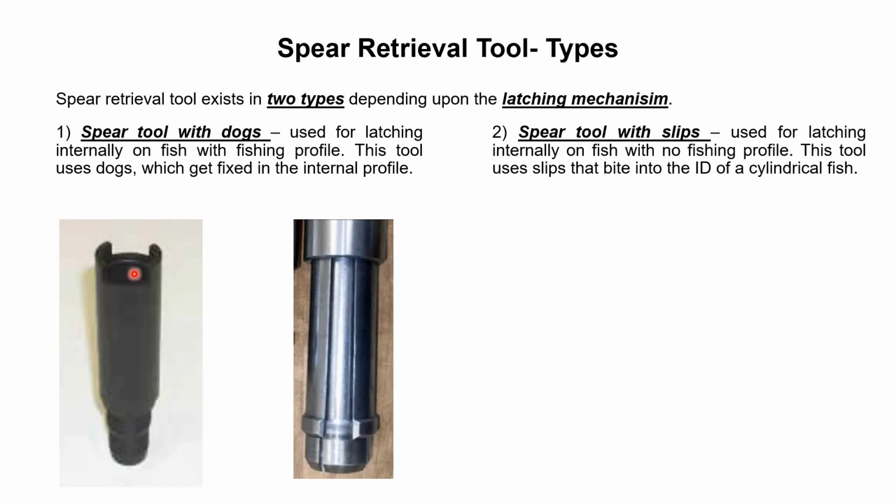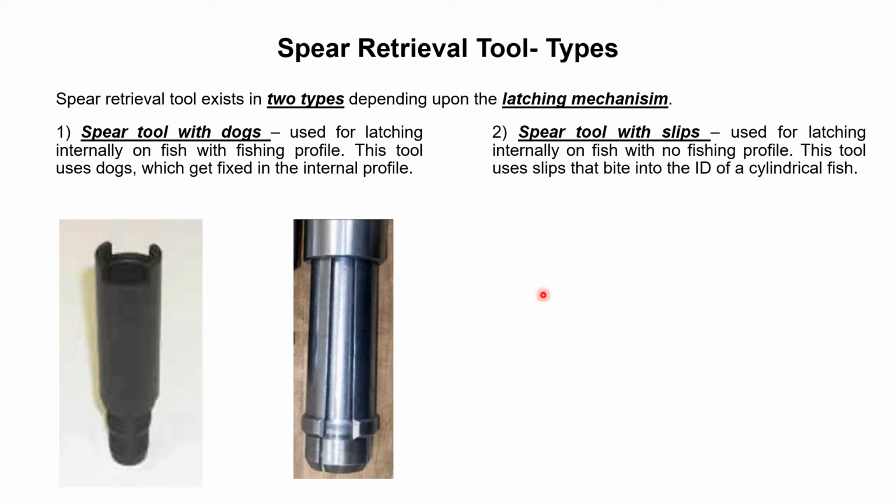So this tool, which is used for a fish neck which has some internal fishing profile, that is, some internal design to get fixed or latched, is known as a spear tool with dogs. So this part is known as dogs, and as I described already, this particular part will fix over here. So the first type is spear tool with dogs.